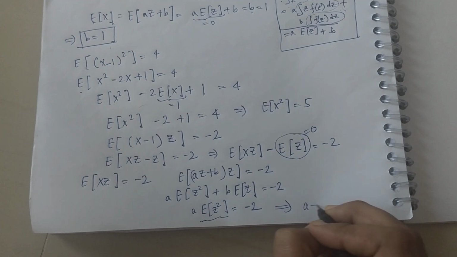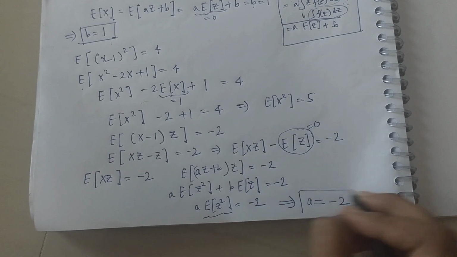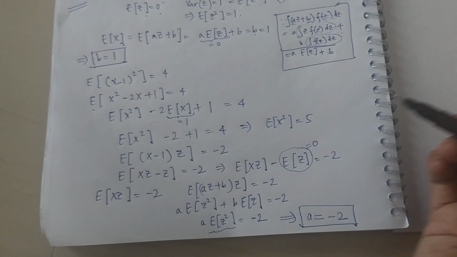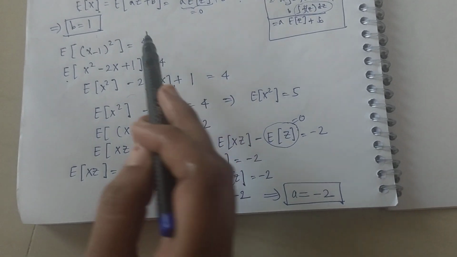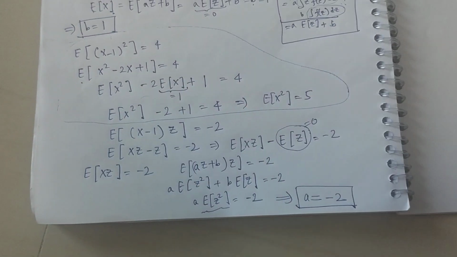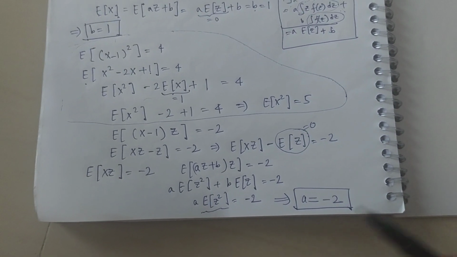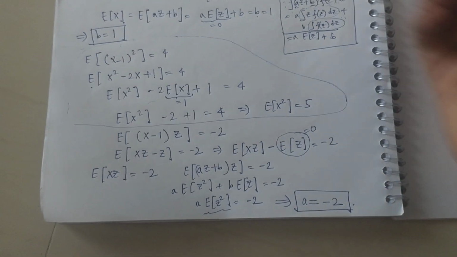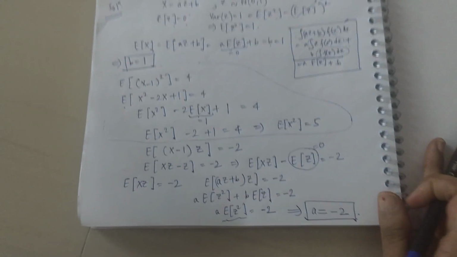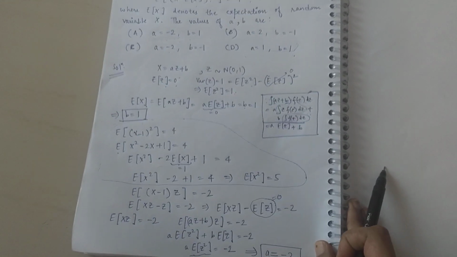So we got a as minus 2. Even if we had not used the third equation, we would still have got the answer using just the first two expectations. So yeah, the question was actually simple.